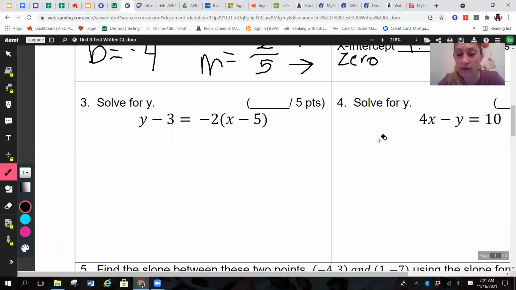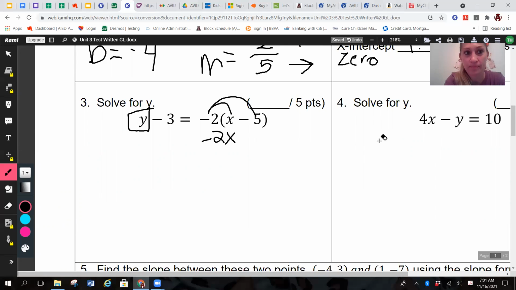Okay, for number 3, we have solving for y, which automatically means I'm going to box the y. I'm going to distribute -2 times x, and I'm going to distribute -2 times -5. The most common mistake on the test was telling me that answer was a -10.